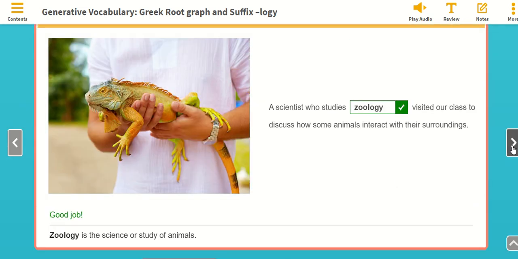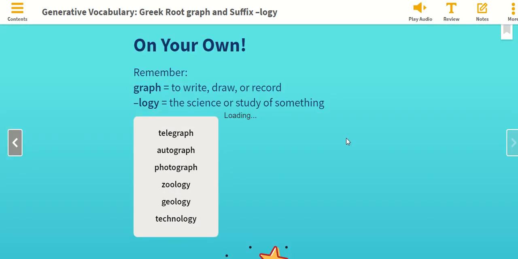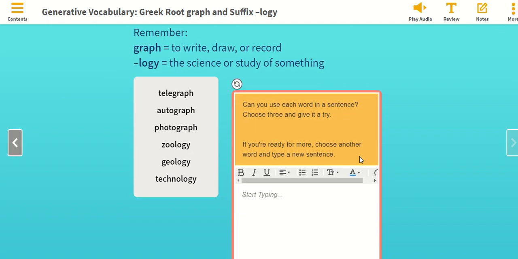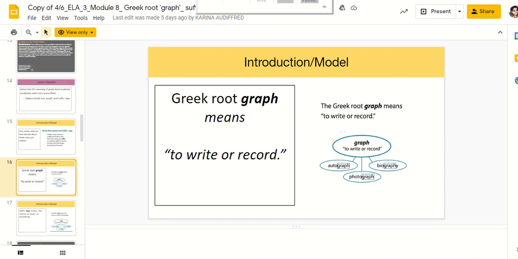Okay, good job. Now we're going to go back and review a little more, but just remember, graph means to write, draw, or record, and the suffix logy means the science or study of something. You can use that along with the root words or the word parts to help you figure out the meaning of unknown words.